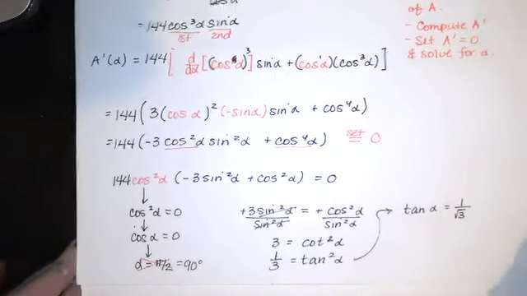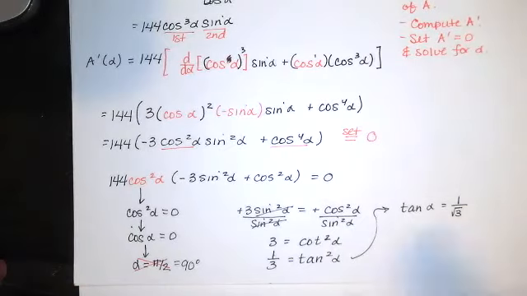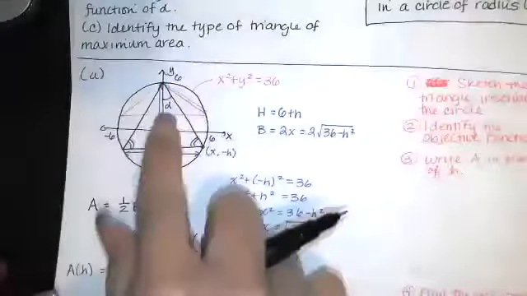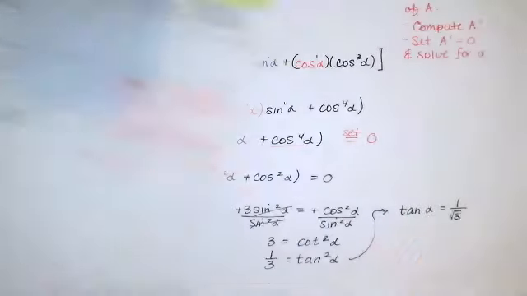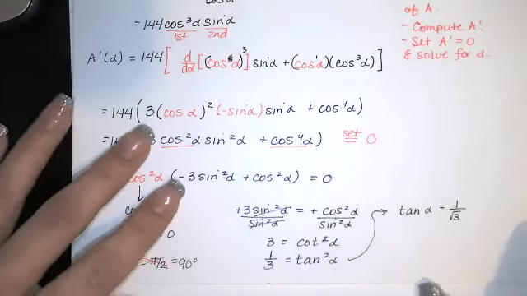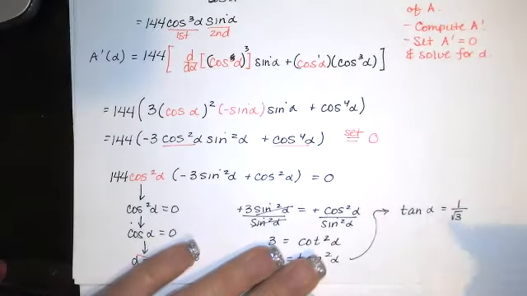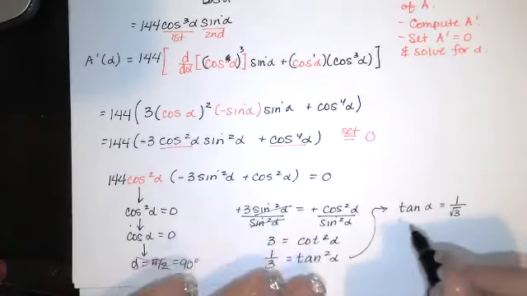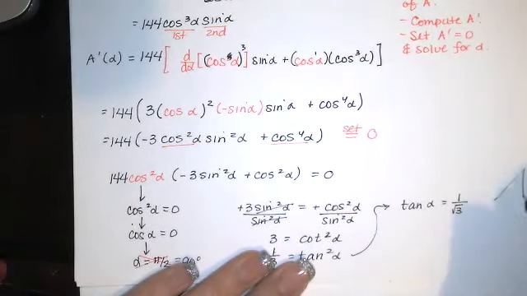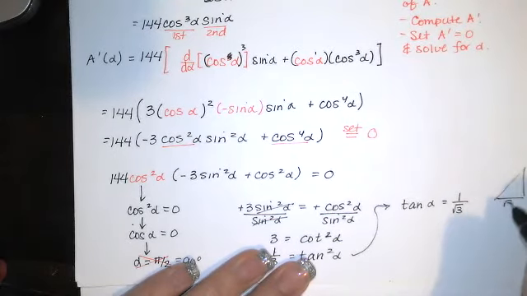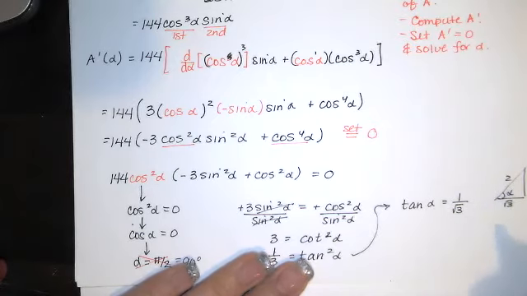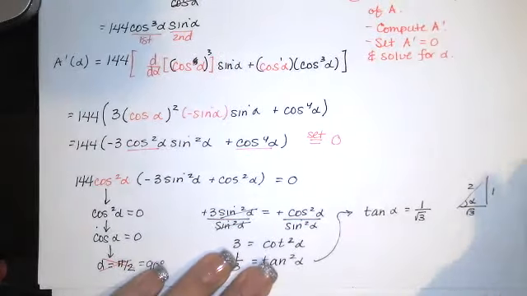We don't really need the plus or minus because of what alpha is. I know I've got an angle here and it's between 0 and 90 degrees. So tangent of alpha would have to be 1 over square root of 3. That's opposite over adjacent, and that only happens in a 1, 2, square root of 3 triangle that looks like this.